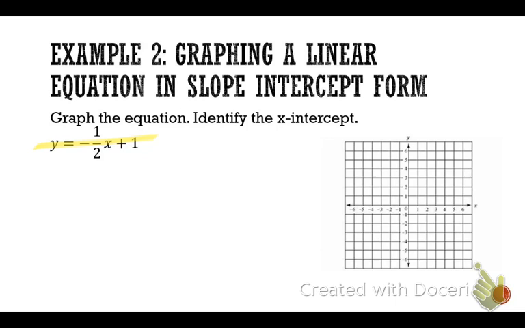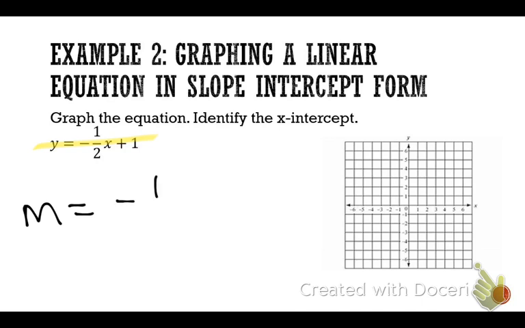M equals -1/2, and b equals 1. Very good. So m equals -1/2 and b equals 1.